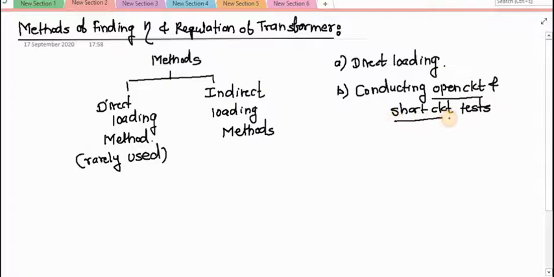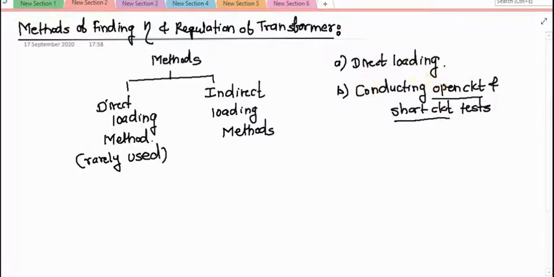In the direct loading method, we will require more power to carry out the direct loading test, whereas in the indirect loading method, that is the open circuit and short circuit test, we will require very small power as compared to the direct loading method. And also the results obtained by using the OC SC test are accurate results.